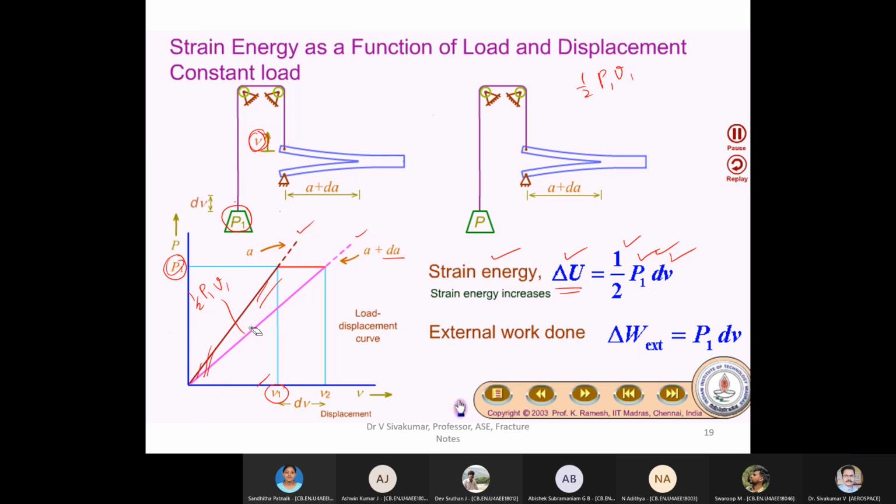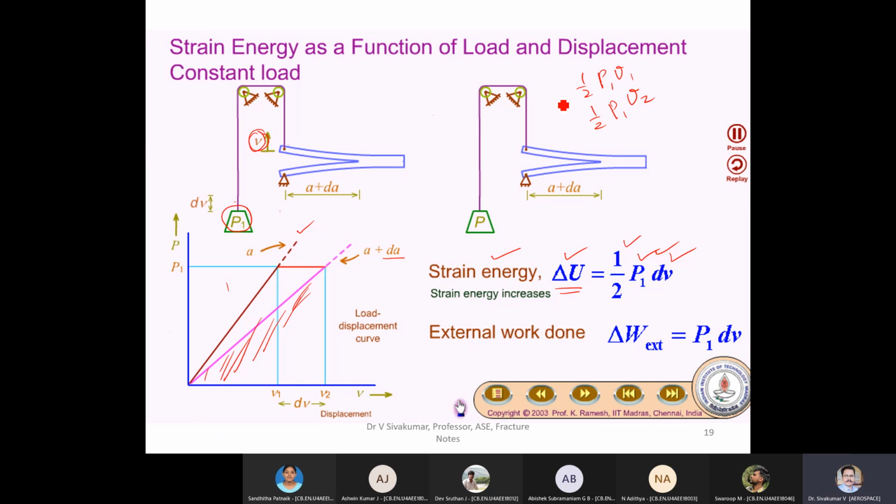Then what is the energy consumed in system 2? Again, the area under this curve: half into P1 into V2.